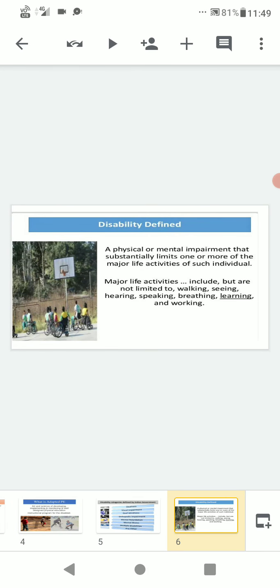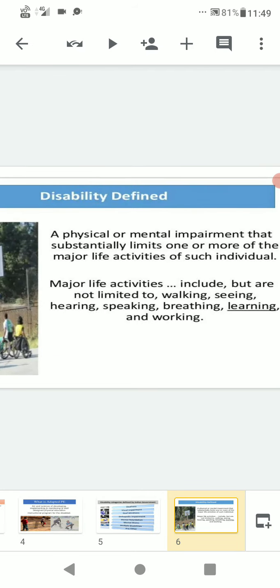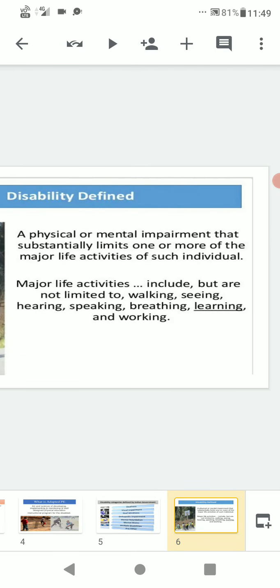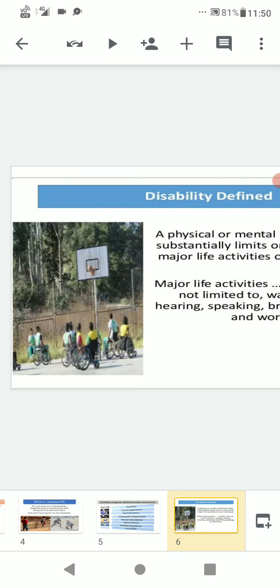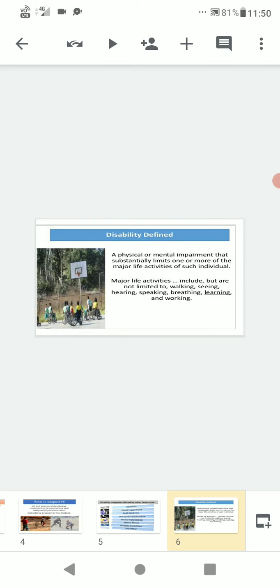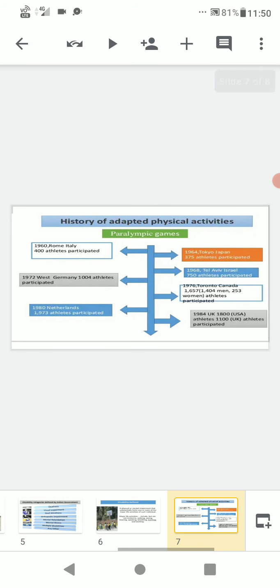Disability is defined as a physical or mental impairment that substantially limits one or more of the major life activities of such individual. Major life activities include but are not limited to walking, seeing, hearing, speaking, breathing, learning, and working. So this is how disability is defined.